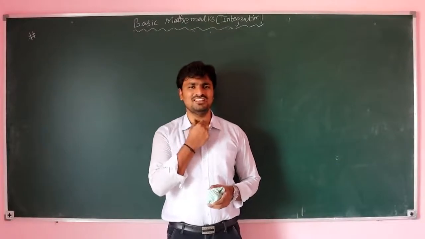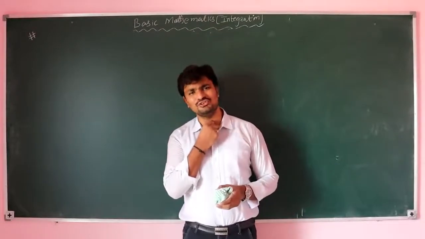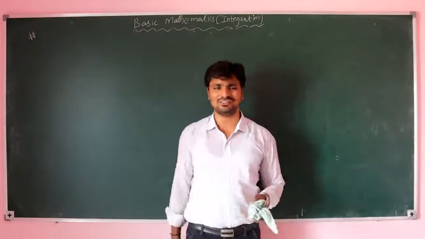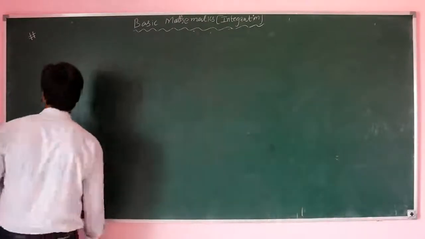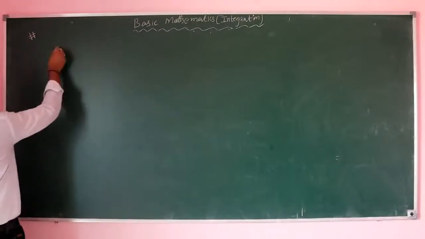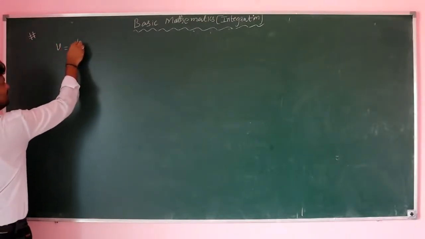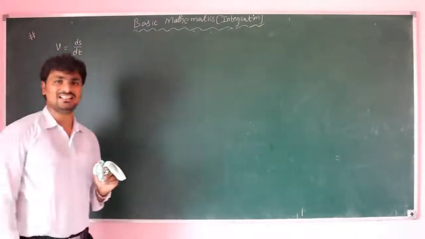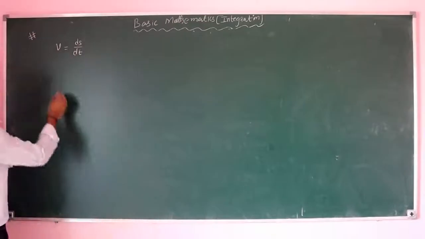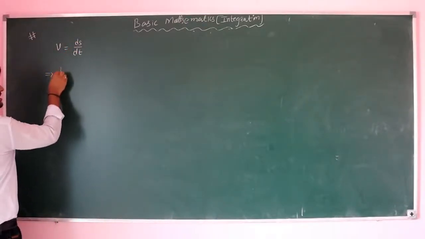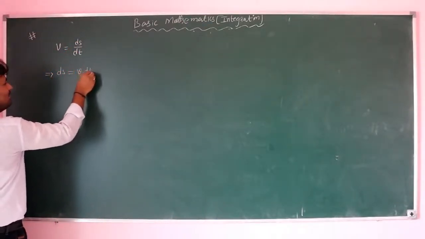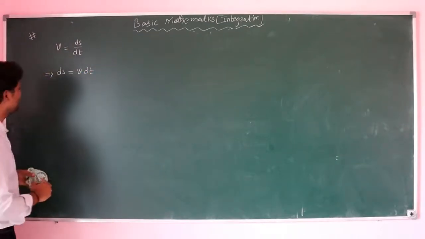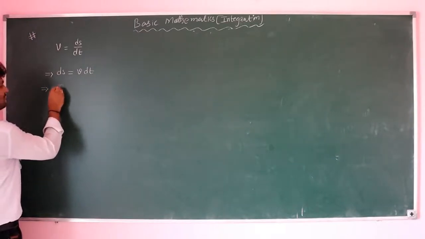So up to now we discussed integration. Then how are we using this integration in physics, and differentiation also? Let's see here. Generally we have the velocity function v equal to ds by dt, instantaneous. In case you require displacement from this, simply ds is equal to v into dt. Then you take integration on both sides.